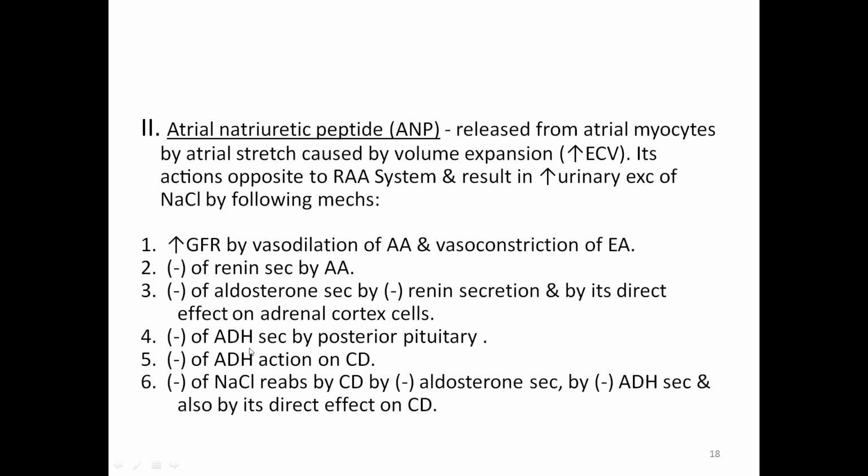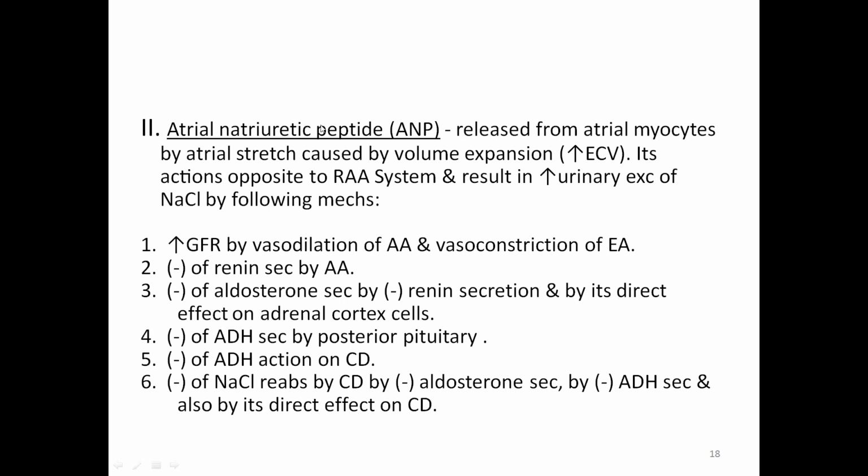It also causes inhibition of ADH secretion by posterior pituitary and inhibition of ADH action on the collecting duct, and inhibition of sodium chloride reabsorption by collecting duct, by inhibiting aldosterone secretion, by inhibiting ADH secretion, and direct effect on collecting duct cells.